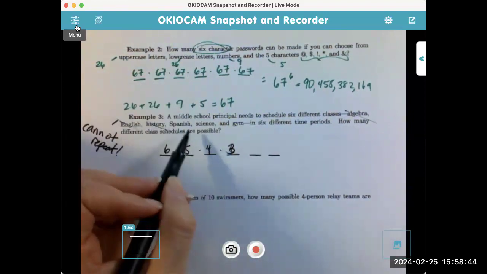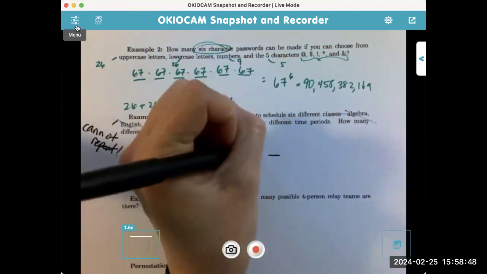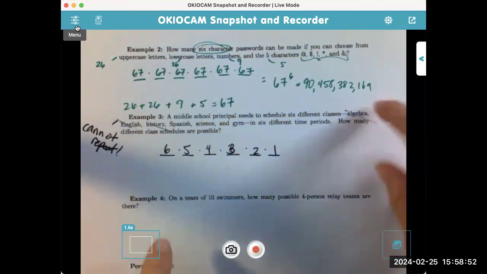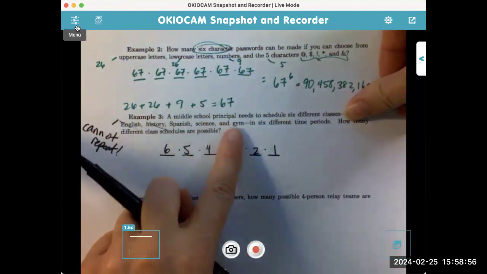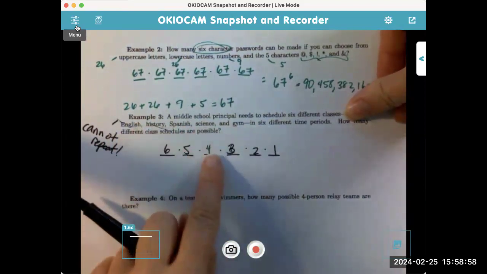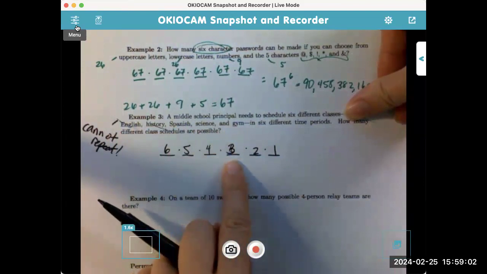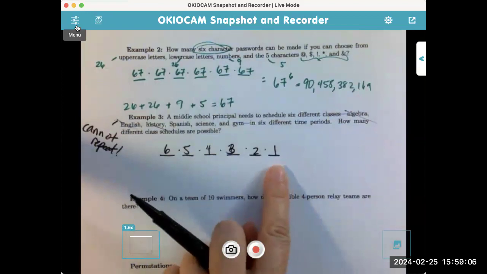All right, so here there are 6, 5, 4, 3, 2, and then 1 option. Because you had 6 to begin with. Then you took algebra, 1, 2, 3, 4, 5. Then you did history, 1, 2, 3, 4. So then there's science, Spanish, and gym. Maybe now it's science and gym, and you have gym last.